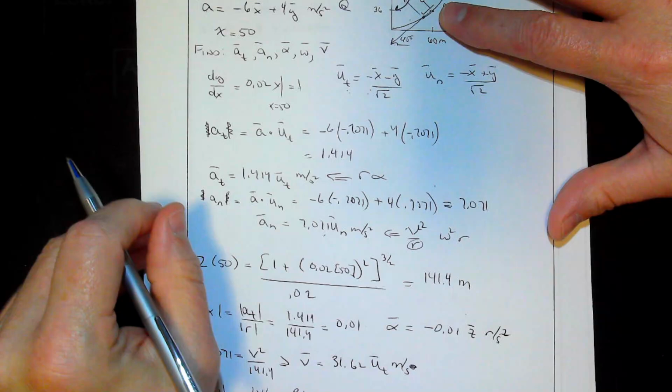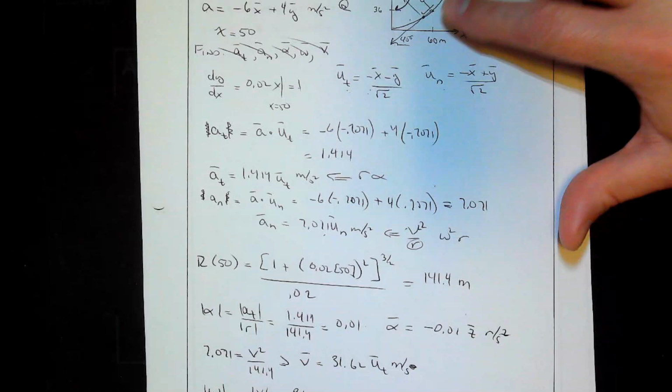Okay. Now you may go, well, what do I do now? Well, here's the acceleration. I'm simply going to take the dot product with ut, and that'll break this down from the xy coordinate system to the ut coordinate system. So I'm going to take a dot ut, and then I'll also do a dot un, and these are at right angles, and that'll give me another expression for the acceleration.